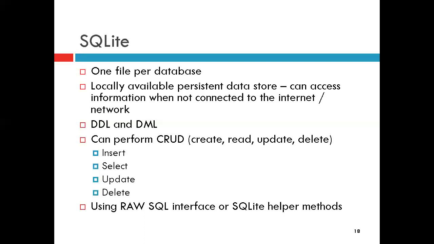So with SQLite, you do all of your create table statements. You have a wrapper around that in Java, and you write some SQL to create the table, and you do the same thing with actually inserting data as well. So let's have a look.